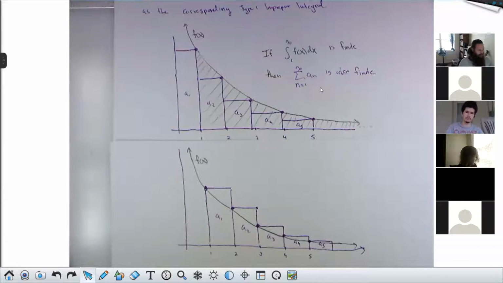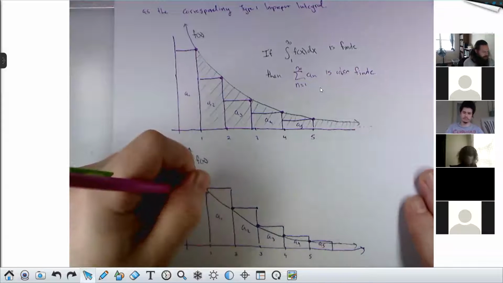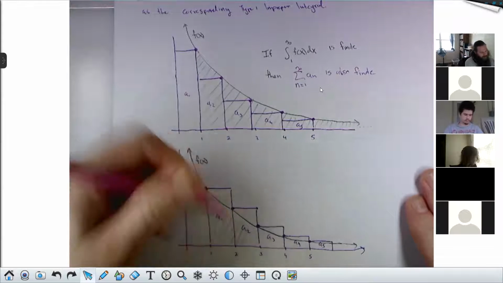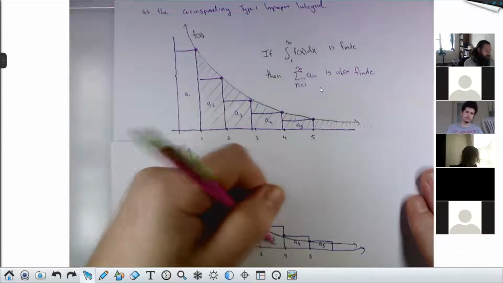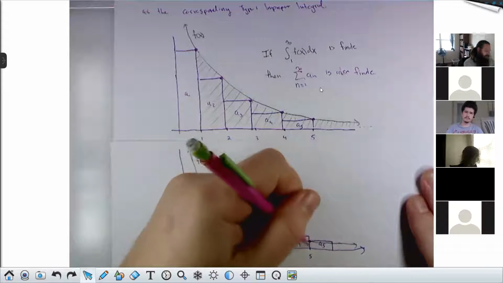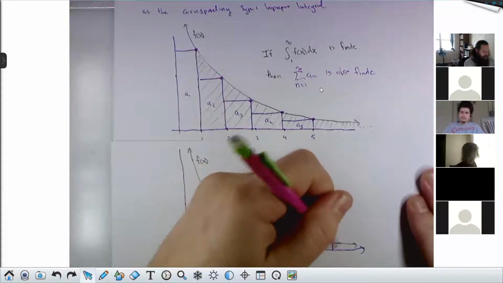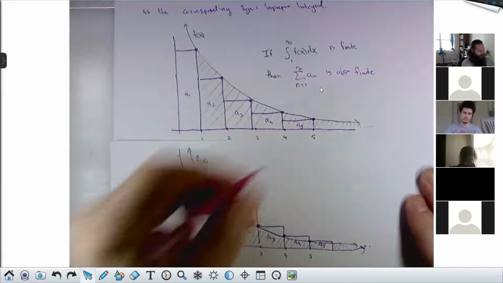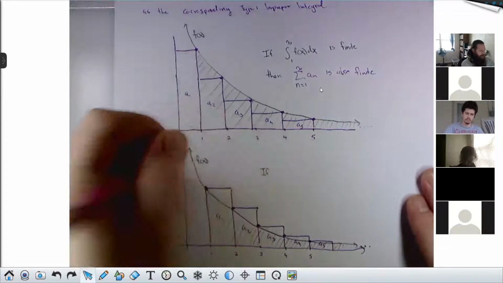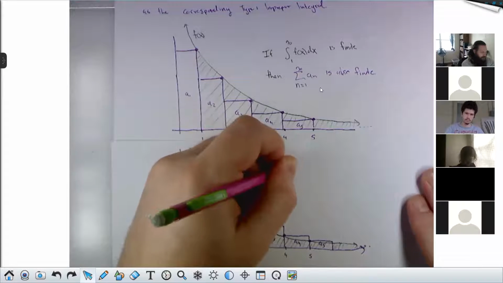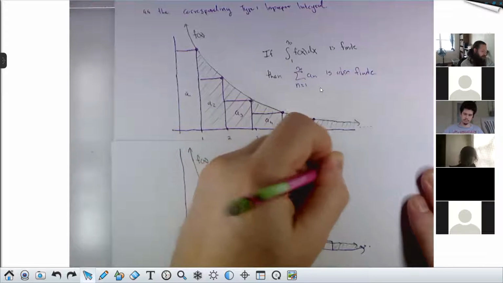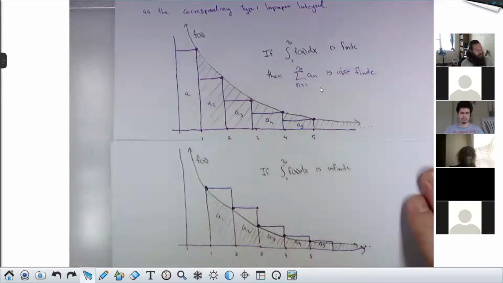On the other hand, if you look over here at the sort of left-hand Riemann sum picture, and imagine that the integral diverges, if the integral from 1 to infinity of f of x dx is infinite, well, now these boxes poke up above the curve.